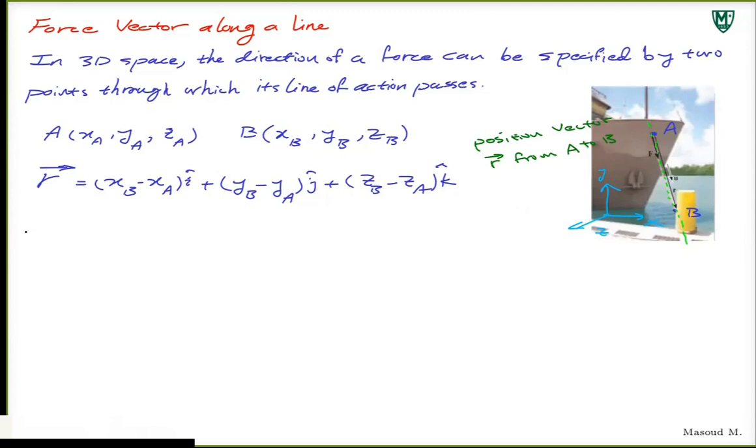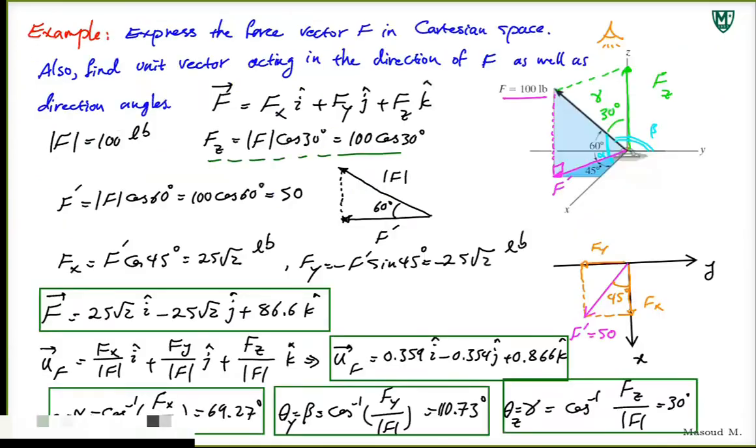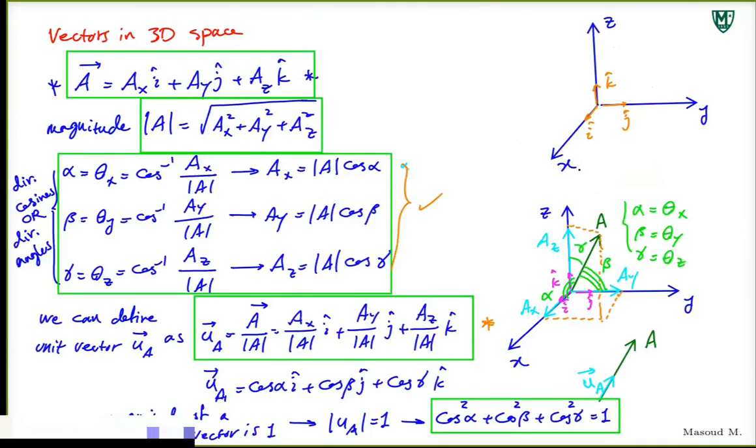The unit vector U would be whatever the R vector is divided by the magnitude of R. If I go back, let's see if I can find where we defined it. There you go.